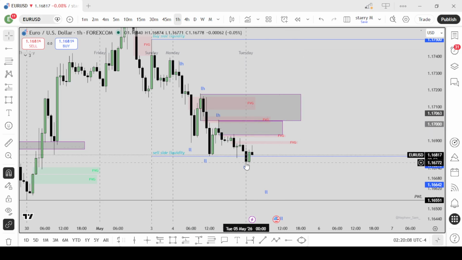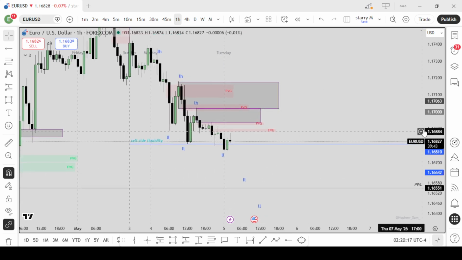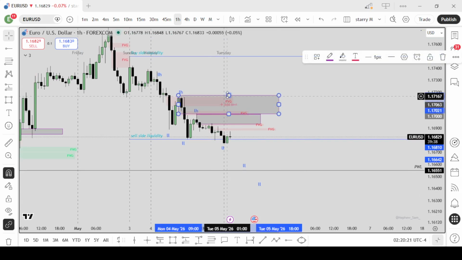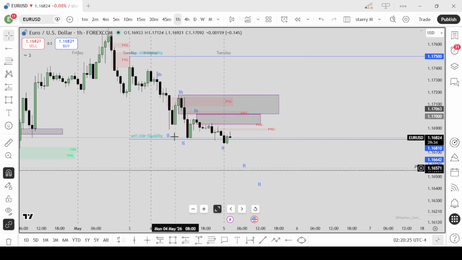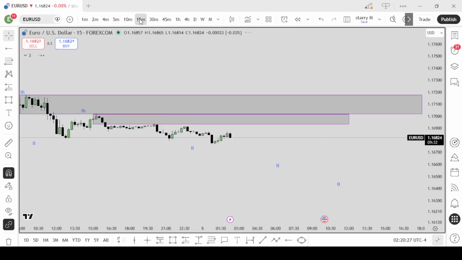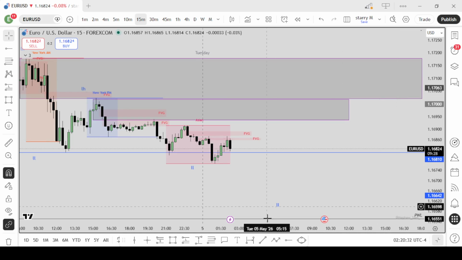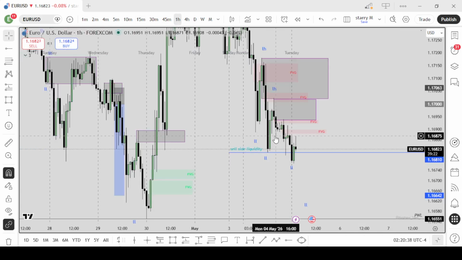So we are looking for price to come, hit our area of interest, and then continue with the trend. So once we get here, we can go to the 5 minutes and look for the market structure shift.